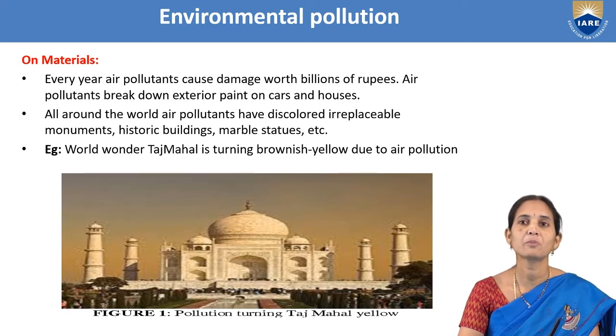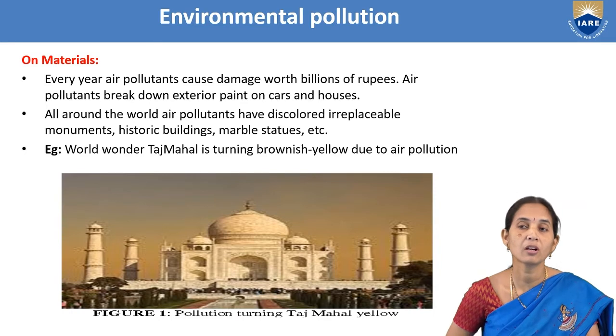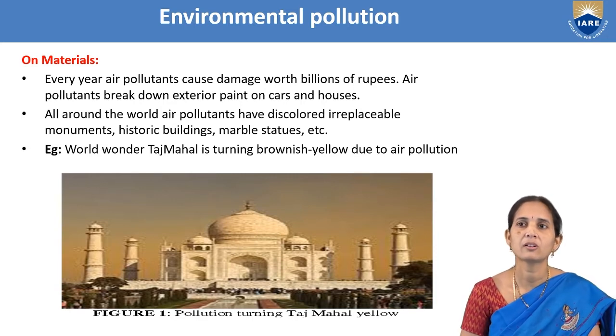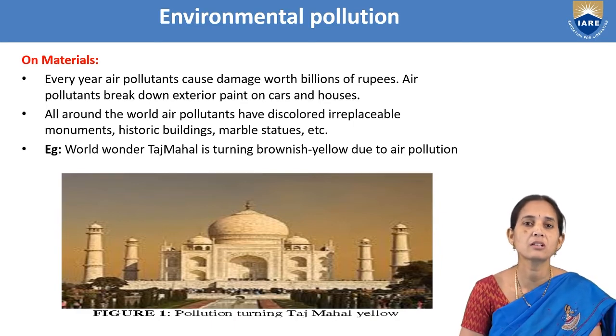Air pollutants break down exterior paint on cars and houses. All around the world, air pollutants have discolored materials, and we can take the Taj Mahal as an example. We can see in the picture that it is slowly turning from white color to yellow color. The world wonder Taj Mahal is turning brownish yellow due to air pollution.